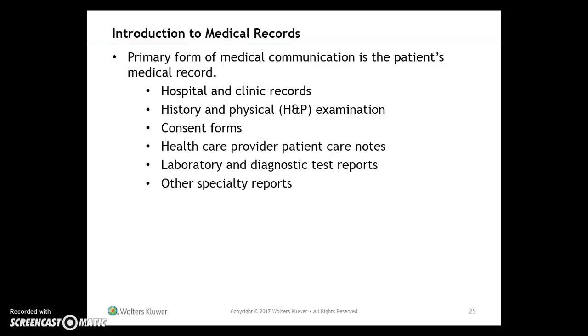Another type of medical record is the H&P, or the history and physical examination, and that's a record of the patient's medical history. This might include forms the patient fills out and the healthcare provider's examination of the patient. This is usually a standardized report because the examination is performed in a standard systematic manner.